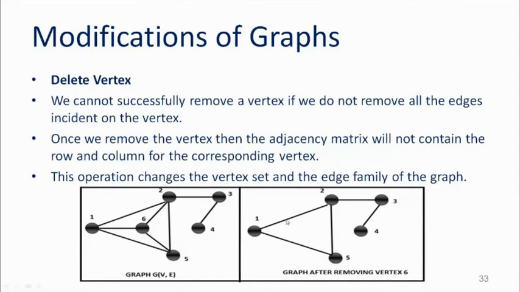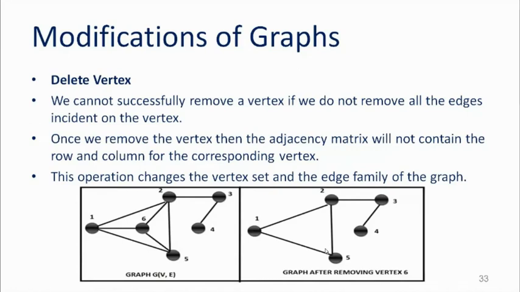If you remove 6, the graph is still connected. In some way it is connected. It is not divided into one or more subgraphs. The graph was not disconnected, but still it is connected.